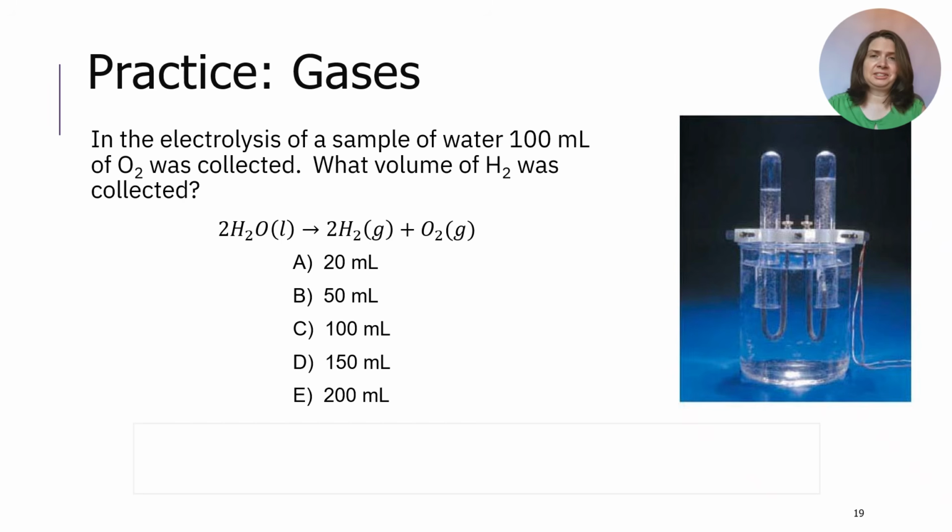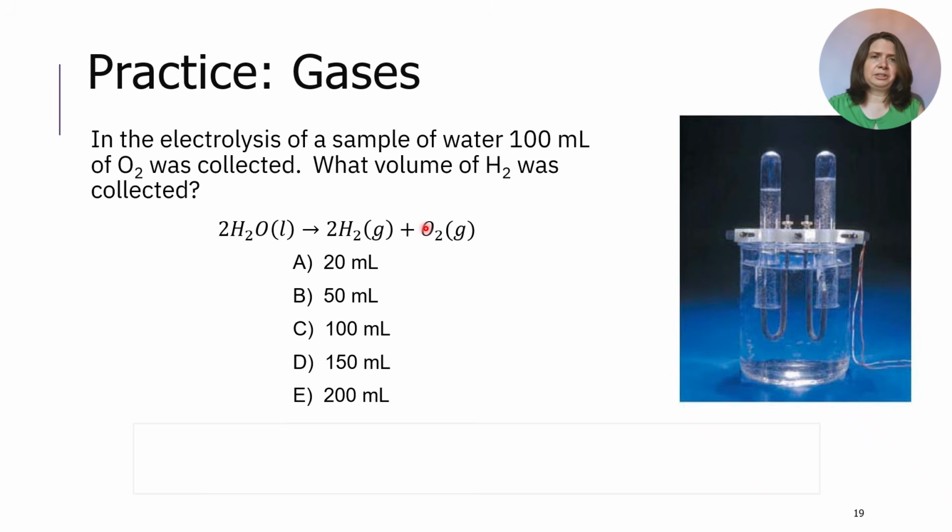During the electrolysis of water, 100 milliliters of oxygen gas is collected. What volume of hydrogen gas is produced? The balanced equation is 2H2O liquid produces 2 hydrogen gas plus 1 oxygen gas.